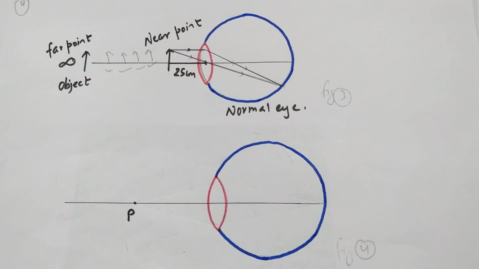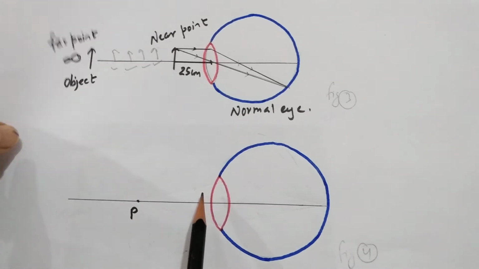In fact, the far point for the myopic eye is shifted nearer to the eye. For example, this is the new far point for the myopic eye.